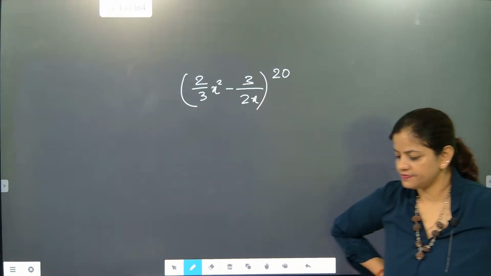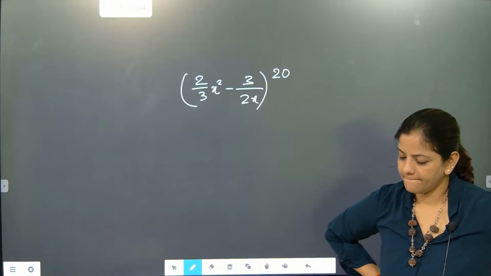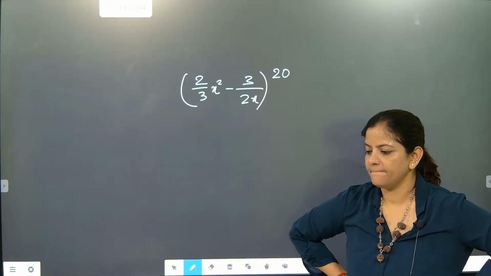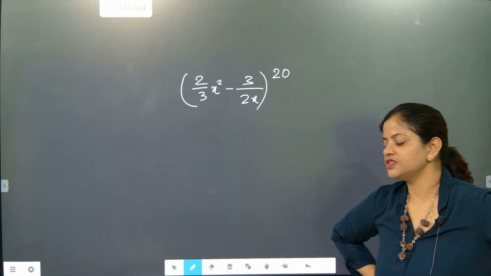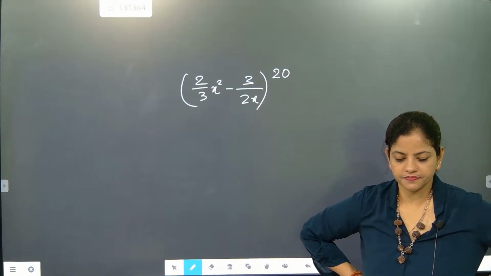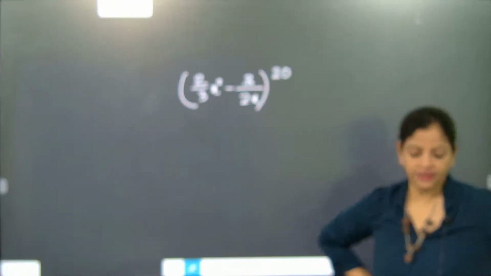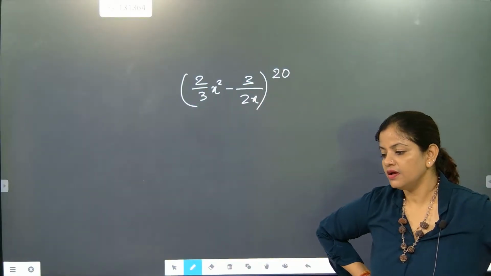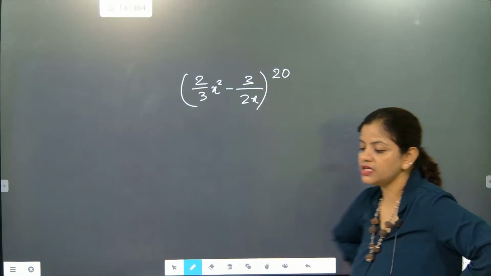Come on. Try this one out. 20 means 19 plus 1, right? Don't write only 19. This is the middle term being asked. They're not asking for any specific term.